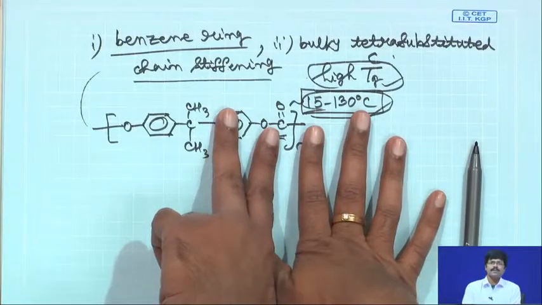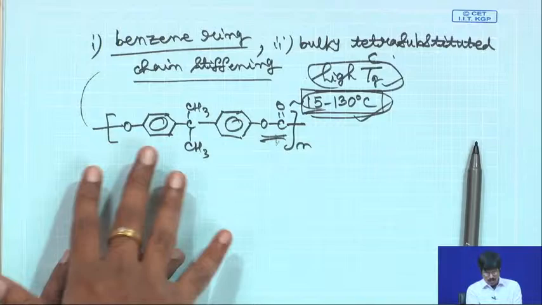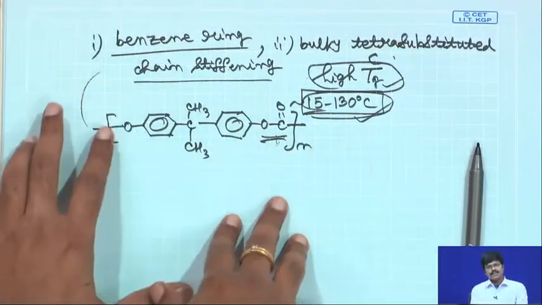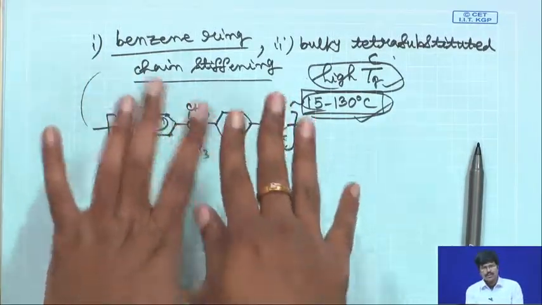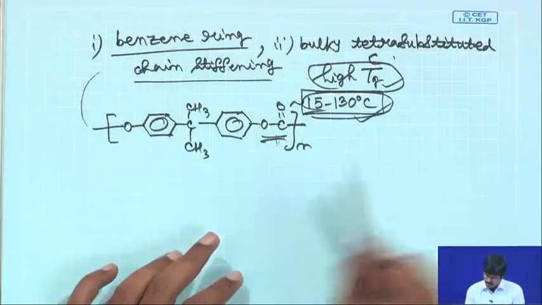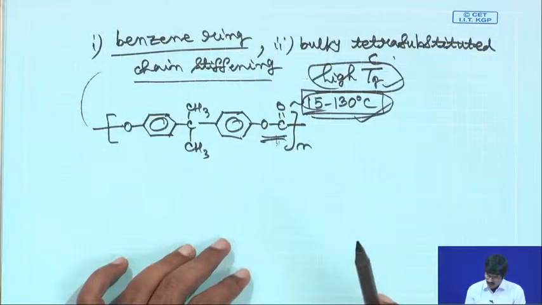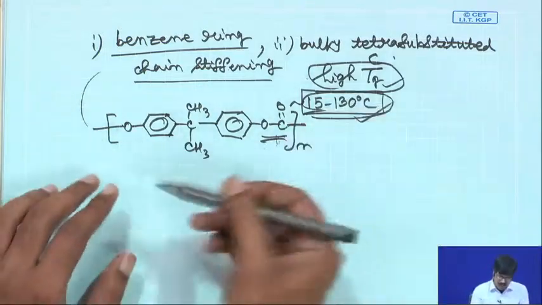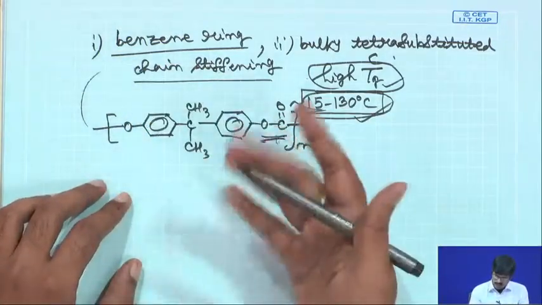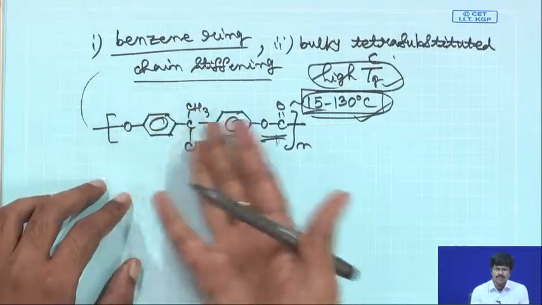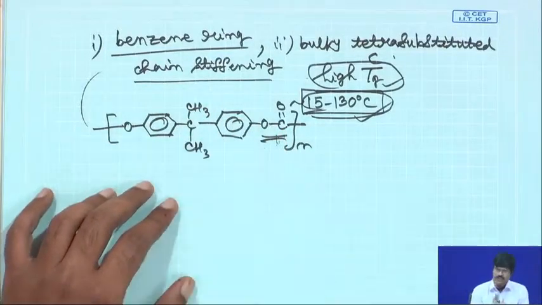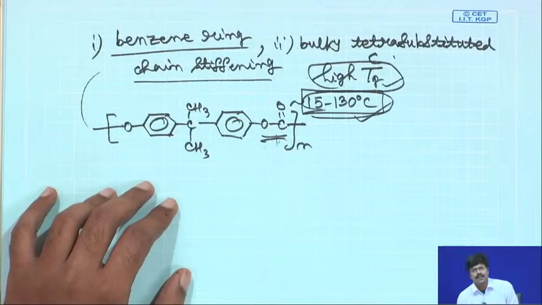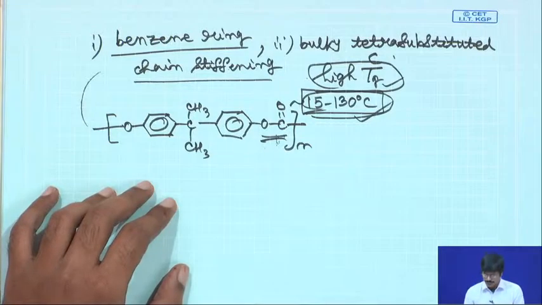So, they are less accessible to water for hydrolysis. If you compare with typical polyesters, these are more resistant to hydrolysis. This is important to keep in mind. And this is the reason why your BPAPC or bisphenol A polycarbonate resins will show some resistance to dilute mineral acids, which can hydrolyze your ester group.